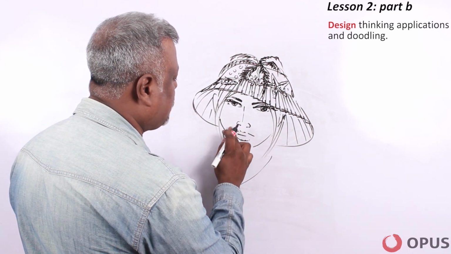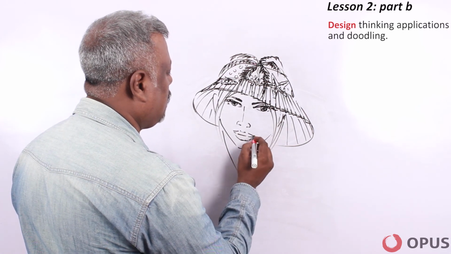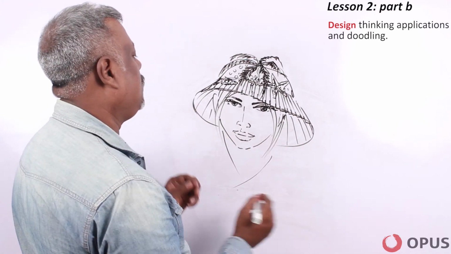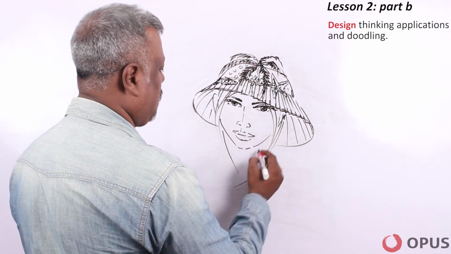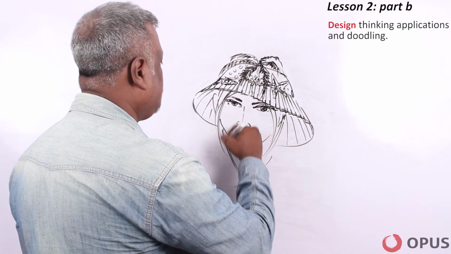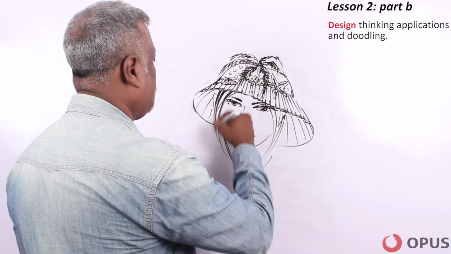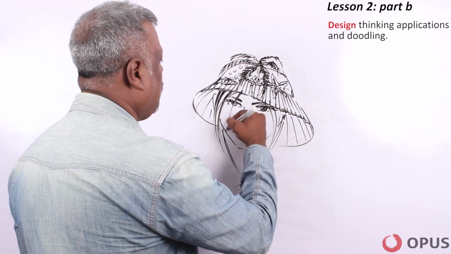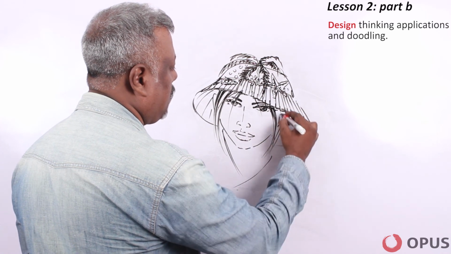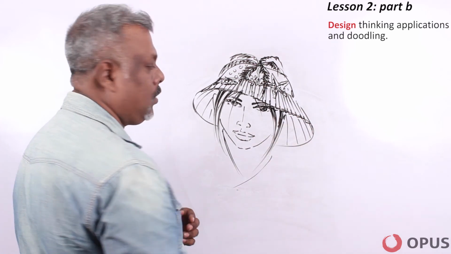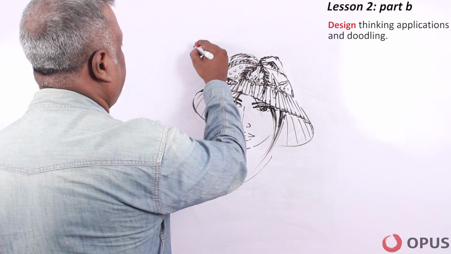Make the lines of the lips a little more, right? And a few more lines, okay? And then you can make the hair a little more flowing. Maybe a streak of hair on the eyes. Like this. And then I think this is done.